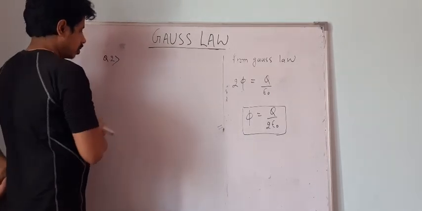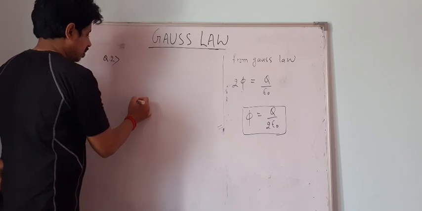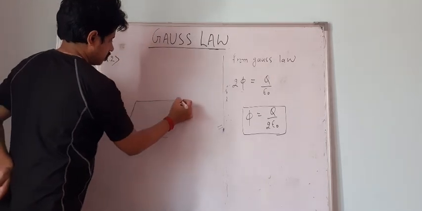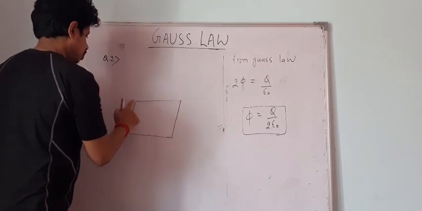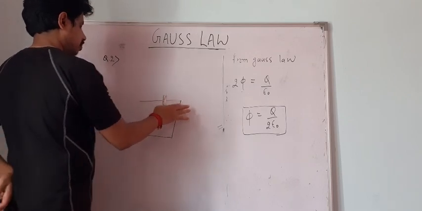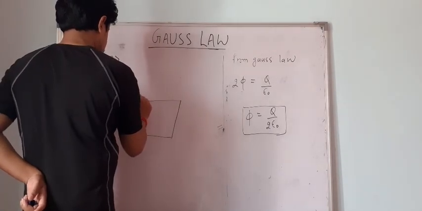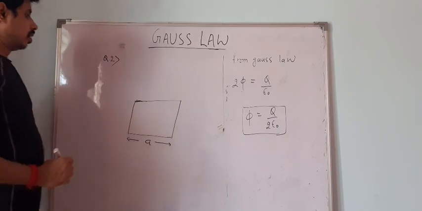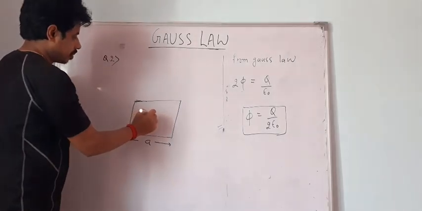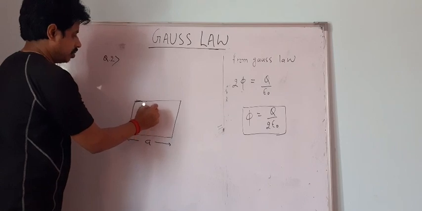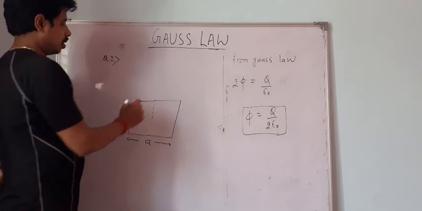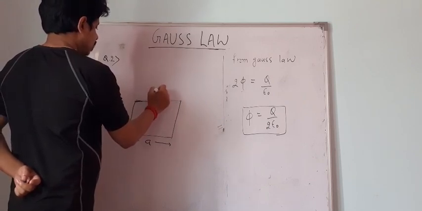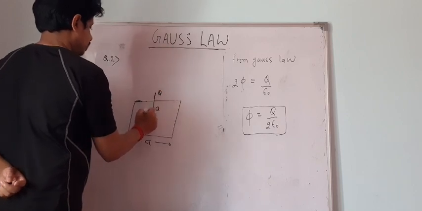Suppose a square is given of side length A, and it is lying horizontally, and above it, at a distance, suppose a point charge q is placed.